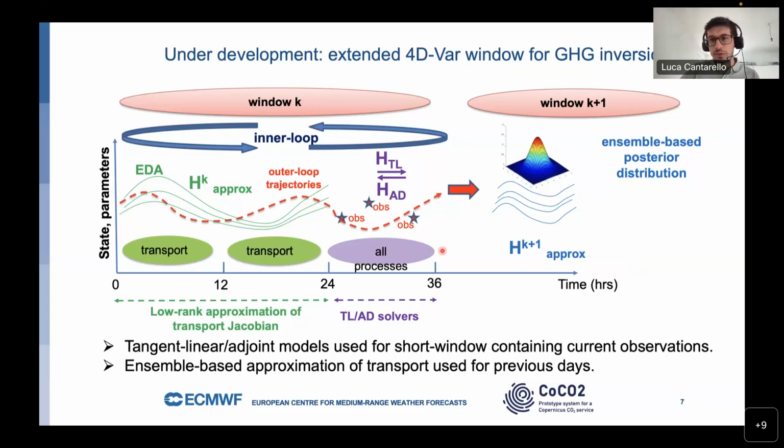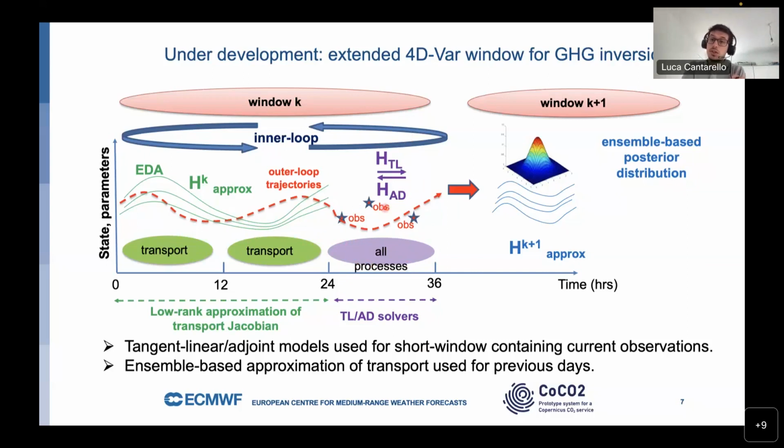Everything I've talked about so far has only been about this window here, a window in which we have some observations to assimilate, and we have a tangent linear and adjoint models. But since we have an EDA, we can use the ensemble to build an approximation of a transport Jacobian for the past windows, relating the concentrations at a certain time with the emissions at the previous times.